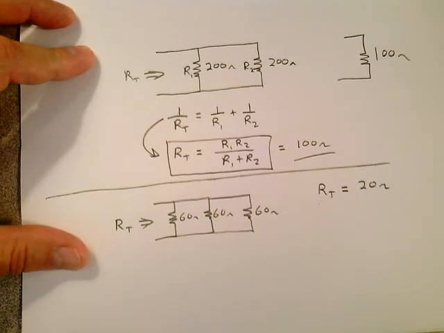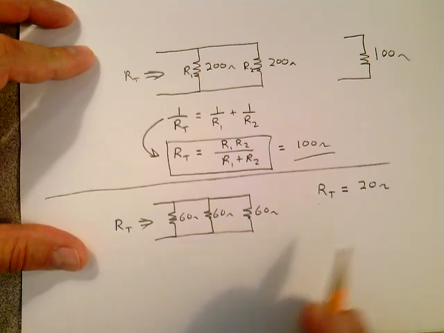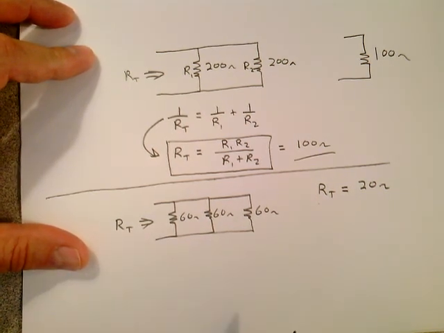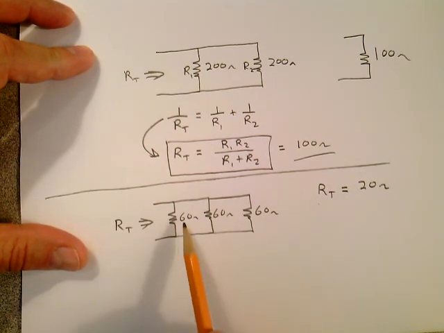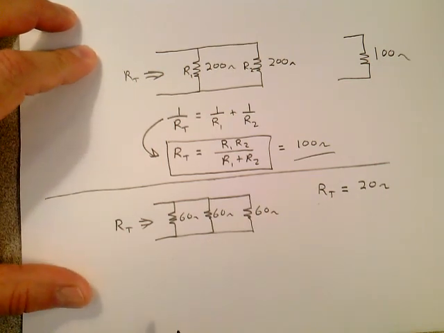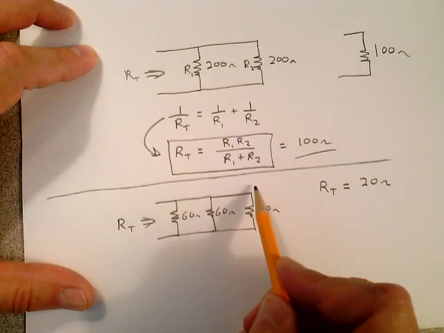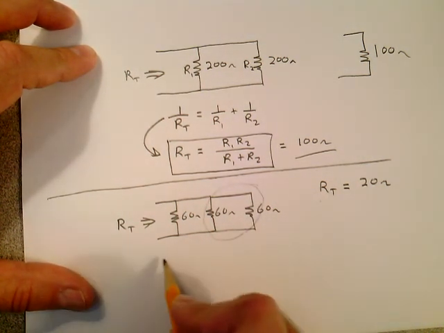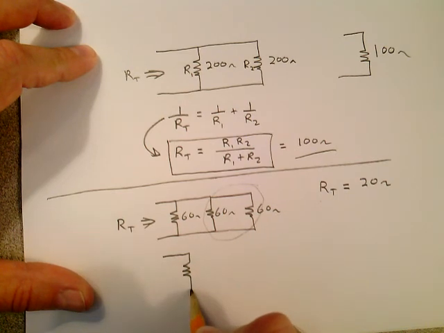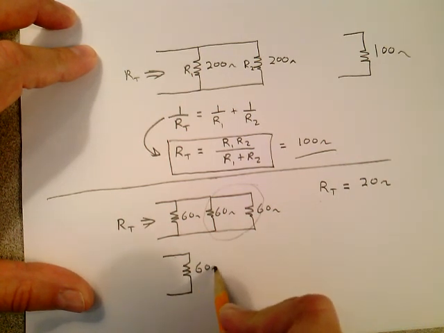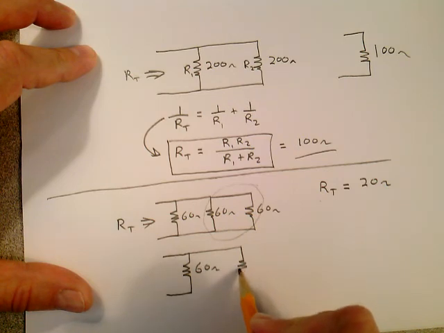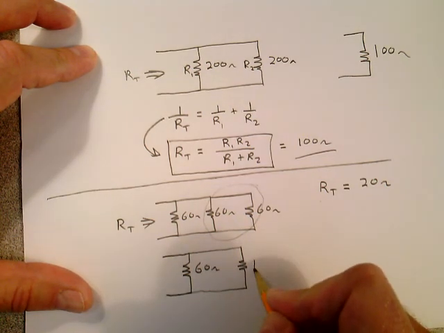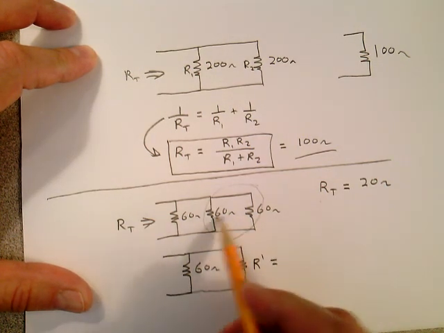But there's another way you could get that. In some circuits, they won't be equal like that. If you have 4, it's 1/4. If you have 5 in parallel, it's 1/5. But in some cases, this is going to be 50 ohms, this is going to be 20 ohms, this is going to be 10 ohms. There's nothing wrong with doing it this way, taking this circuit and working backwards. Just find the equivalent of those two, product over the sum. So you can boil the circuit down to two resistors, where this resistor, we're going to call it R prime, is equal to the combination of these two.